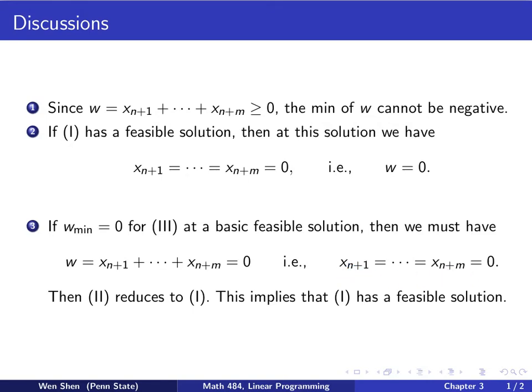So all the artificial variables will have to be 0. In that case, the constraint 2 with the artificial variables will simply reduce to 1 because all of these are 0. You can just remove them. Then this would imply that the constraint 1, the original one, would have a feasible solution. So we go one way in the argument, and here we go the other way in the same argument.